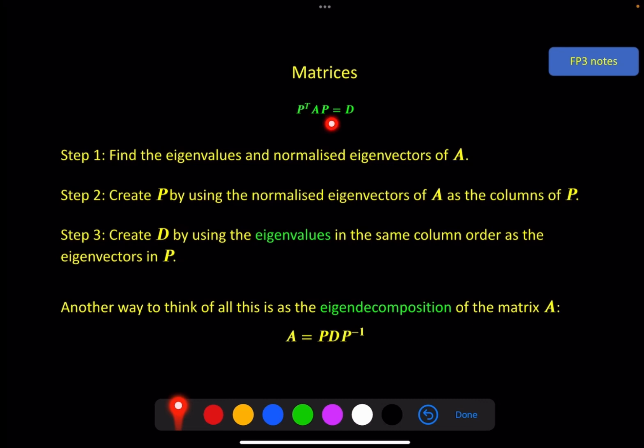And rather than creating an equation that equals D, this focuses on the idea that A is equal to this. And the sort of thing to think here is that the transformation that matrix A represents can be thought of as a three-step process, applying some probably rotational transformation, an enlargement, and then reversing the inverse of that rotation.